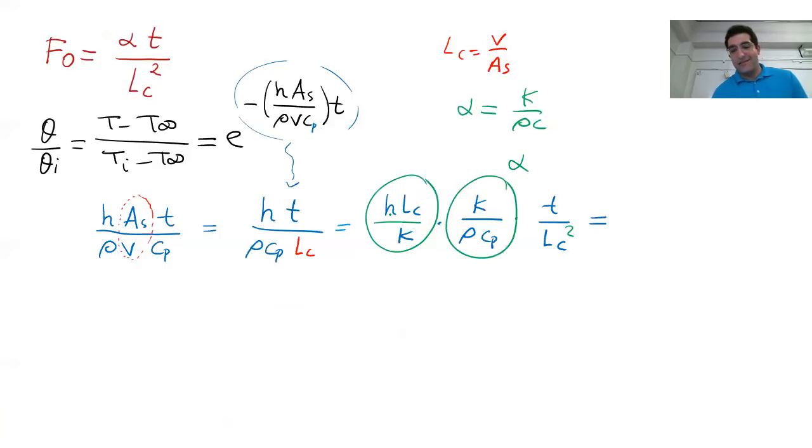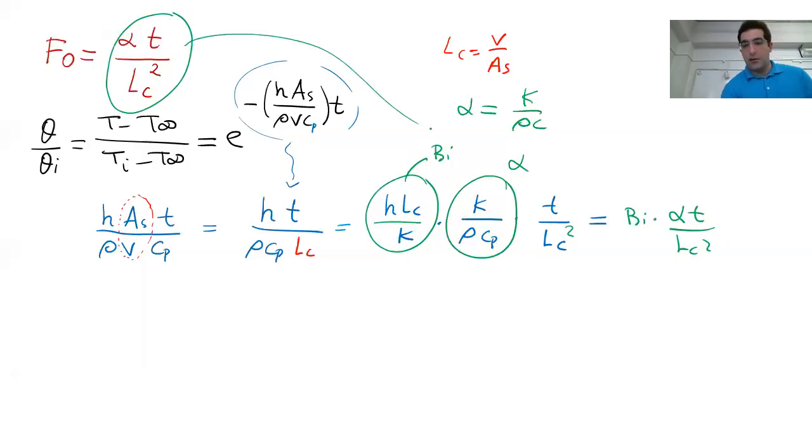What is this? This is h Lc over k. This is nothing but the Biot number, remember? So I can show that I have the Biot number times alpha t over Lc squared, which created a Fourier number.